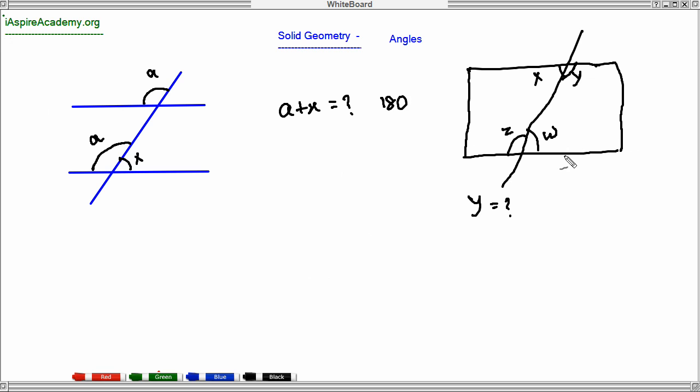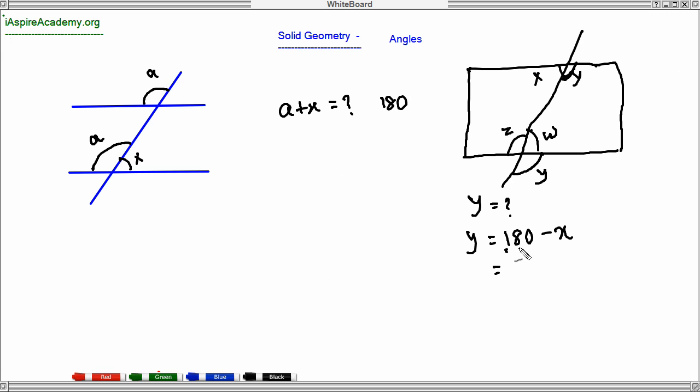So Y equals 180 minus X. Now for 180, if you see, this angle Y, this also is Y, because of the rules of parallel lines which we learned a few minutes before.